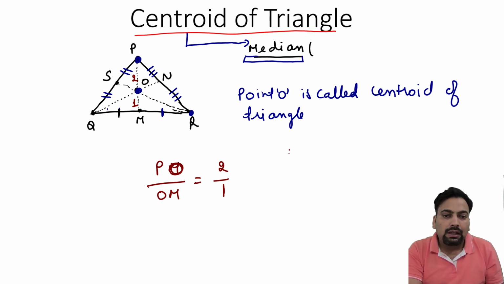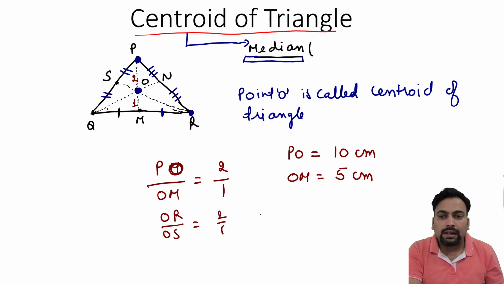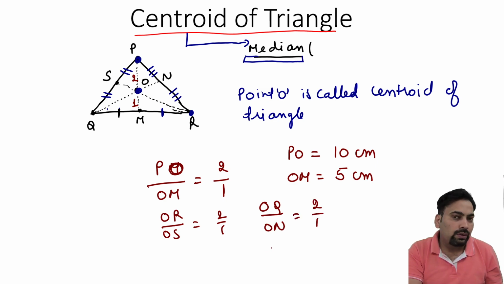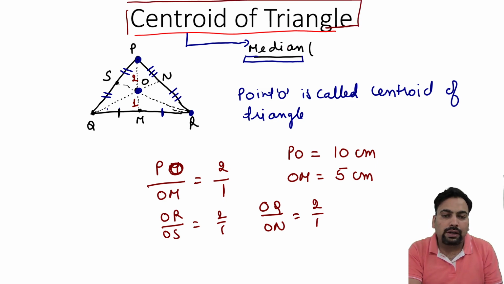If PO is equal to 10 centimeters, then OM is equal to 5 centimeters. Similarly OR upon OS is also 2 to 1, and OQ by ON is 2 to 1. So this is all about the centroid of a triangle.